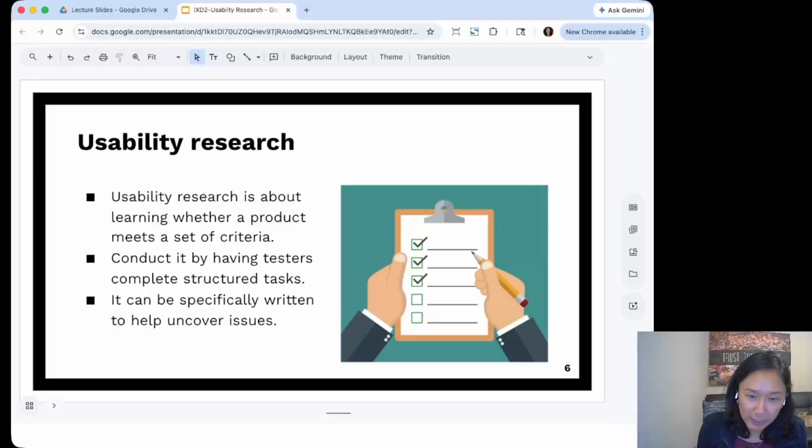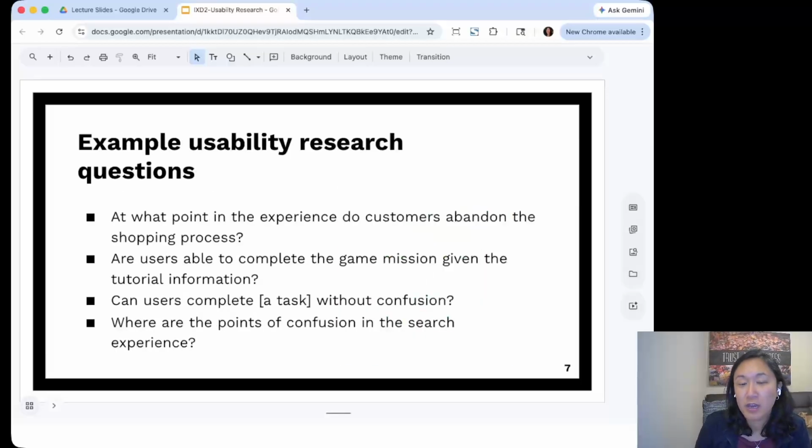You typically will want to write these tasks in such a way that is very neutral, but also allows enough opportunity for your testers to think out loud and to show you how they would go about completing those tasks without your intervention.